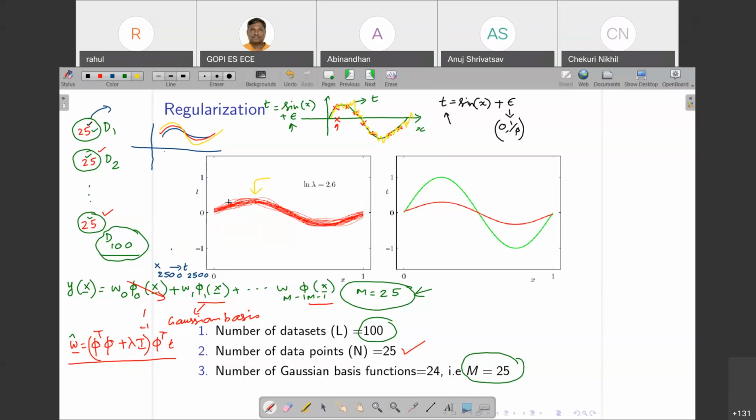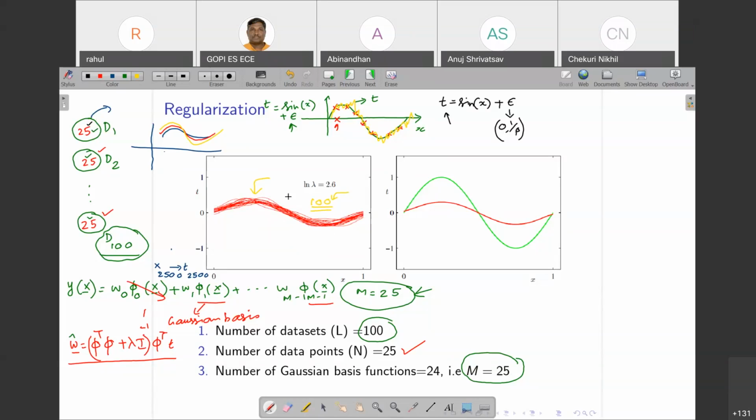In fact, 100 possibilities are there, because we have 100 data sets, but just for showing, not all 100 are shown, only a few. So for every data set, it will end up with a different fitting. It is not ending up with the same.